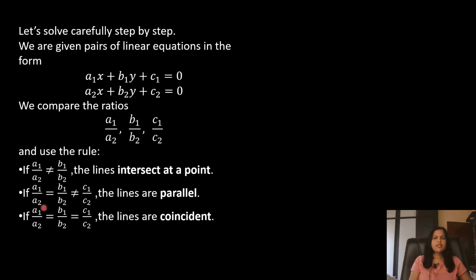If a1 by a2 equal to b1 by b2 and not equal to c1 by c2, the lines are parallel. If a1 by a2 equal to b1 by b2 equal to c1 by c2, the lines are coincident. That means you will get infinite solutions. One line is lying on the other line. They are coincident.